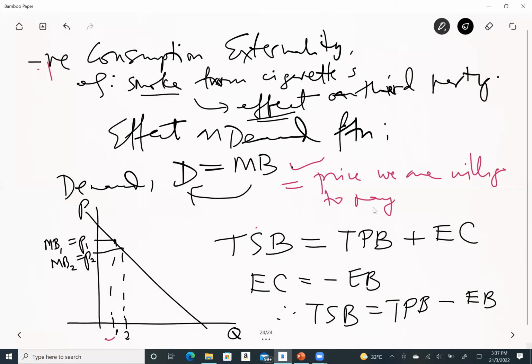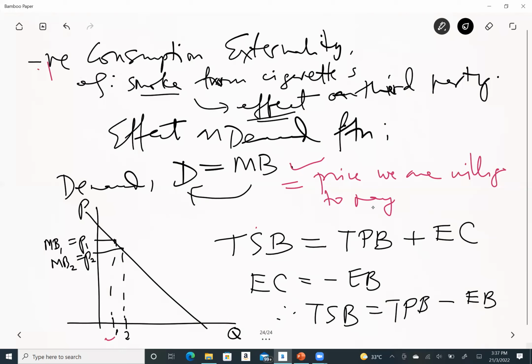That would be our total social benefit function in terms of benefit. When you use benefit, it means the negative of cost. So we look at benefit in terms of external benefit.